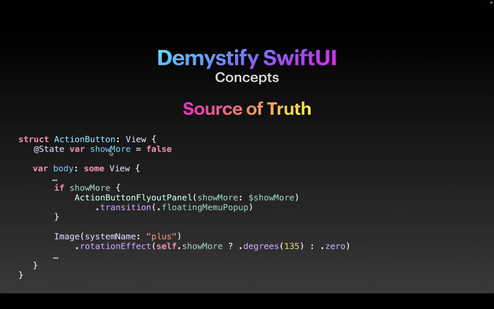And this is a temporary state variable which is going to be used to manage our view. And again, in this case, this is our source of truth, because it's just a temporary state variable which is managed in this view. Okay, when this view disappears or is collected by SwiftUI, this variable also goes away.